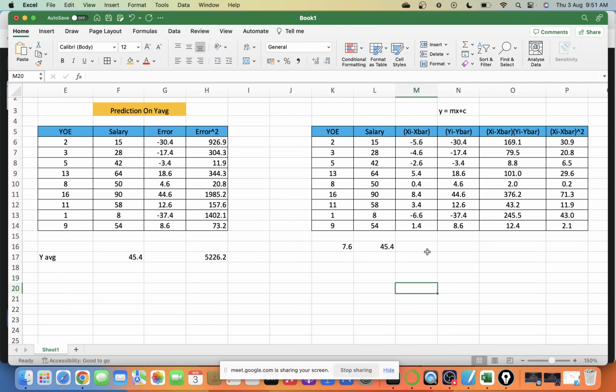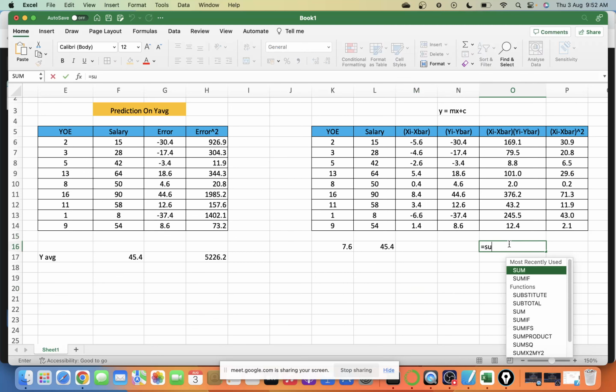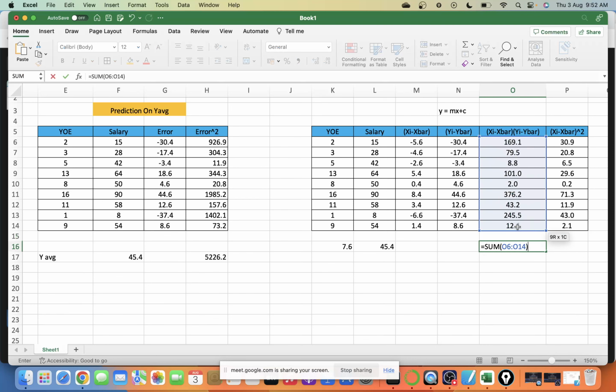Now we know the summation. We need the summation of xi minus x bar, this one, right? What is the formula? Tell me. Yes, this is xi minus x bar into yi minus y bar. So we'll do the sum of each and everything.